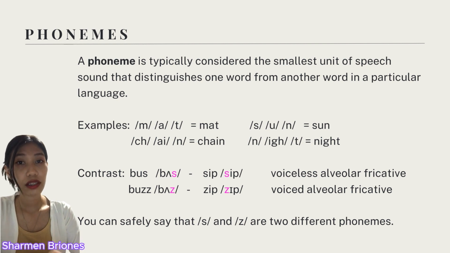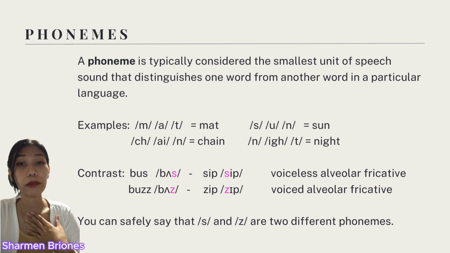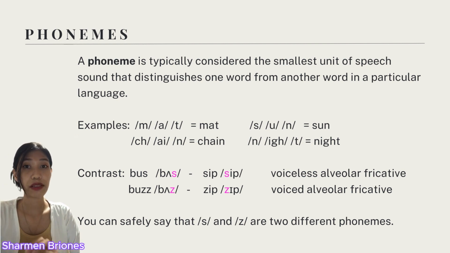Bus ends with a voiceless alveolar fricative, meaning your Adam's apple is not vibrating, while buzz ends with a voiced alveolar fricative, meaning your Adam's apple is vibrating. So what's the difference between bus and buzz? We all know that these two words differ in meaning. The point is that S and Z are two different sounds because they contrast meaning.